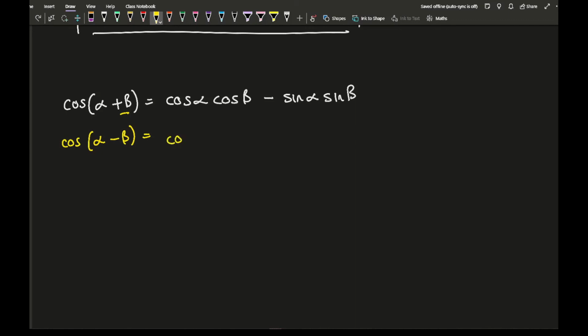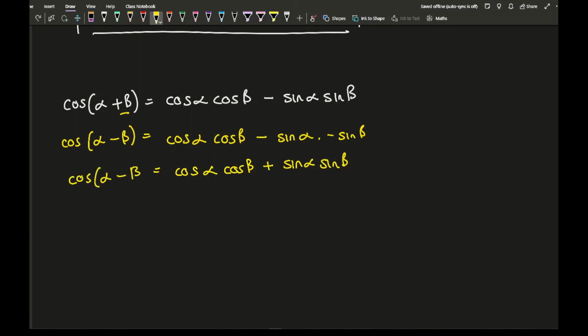What I end up with is cos alpha cos beta, because that's going to be the same. But then here I'm going to end up with sine alpha minus sine beta, and obviously two minuses become a plus, so what I end up with is cos alpha cos beta plus sine alpha sine beta. And from this stage, you can see that when I've got a cos, the sign that's here is actually the opposite to what sign is in there.